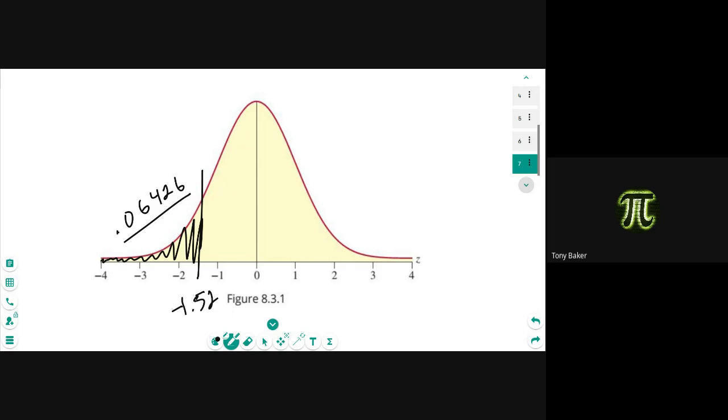So basically what that tells me is that anything that is less than negative 1.52 standard deviations away is going to give me that probability. Okay. That's 6.4%. Correct. Yep.